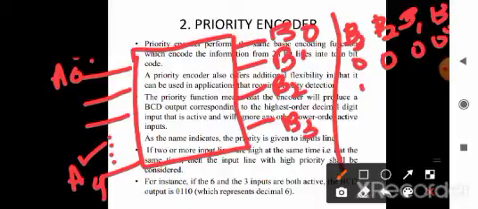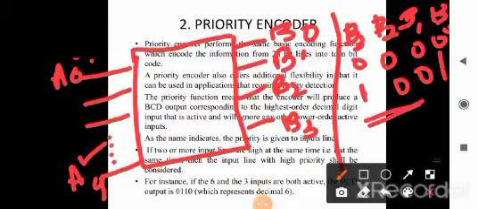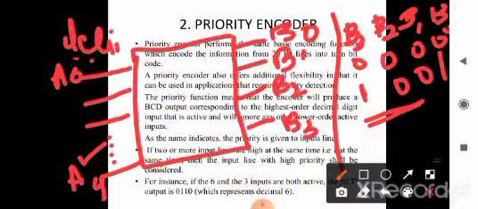The output will be 1 0 0 1. So this is the principle of encoding. Here we are encoding decimal to binary.